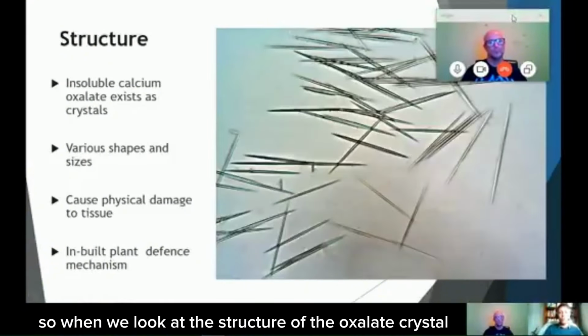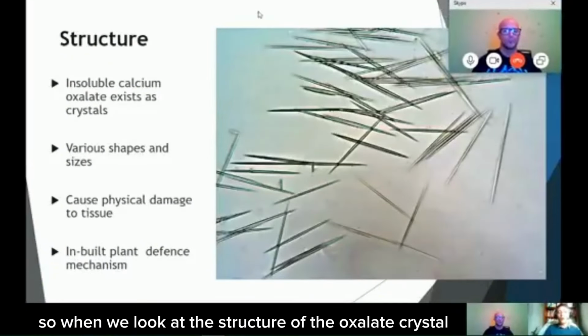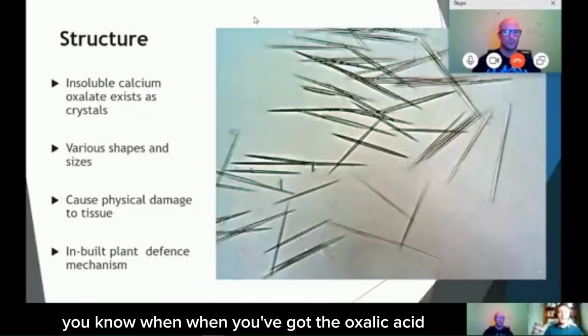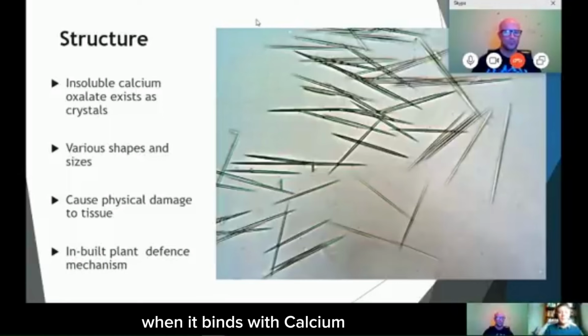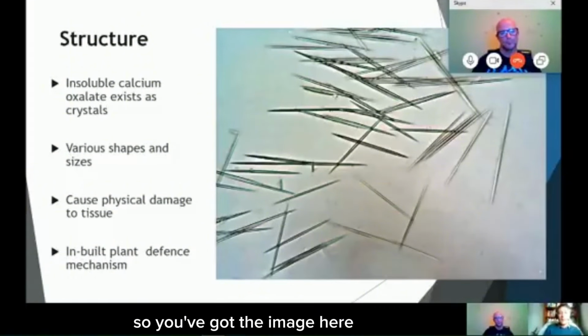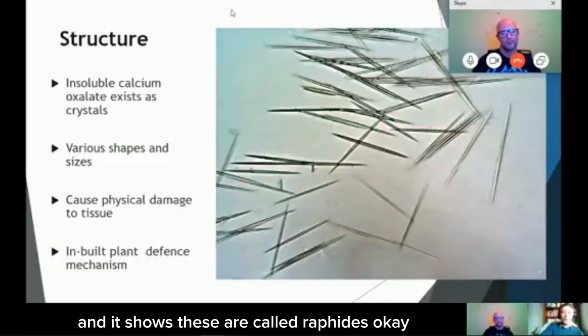Okay, so when we look at the structure of the oxalate crystal, when the oxalic acid binds with calcium, it can form various different kinds of crystal structures. You've got the image here, and these are called raphides.